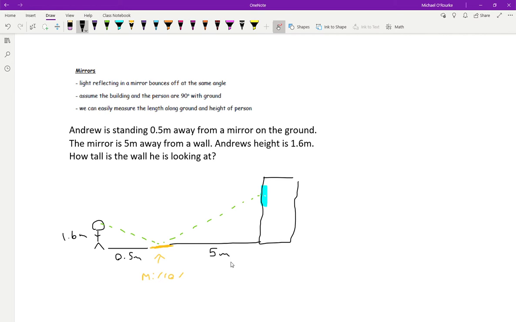Okay? And we want to see how high this is. That's what we're wondering. So Andrew's eyes are lined up perfectly, so the highest point he sees is the window of the bank. Does everyone understand what my diagram looks like?